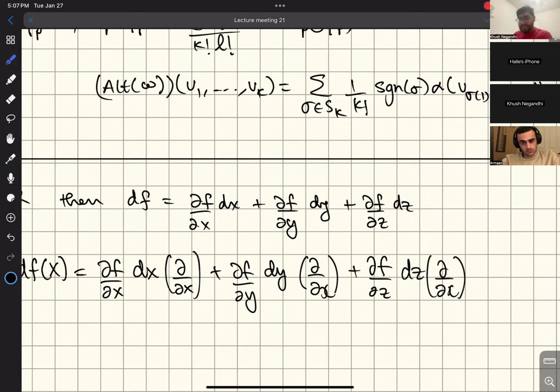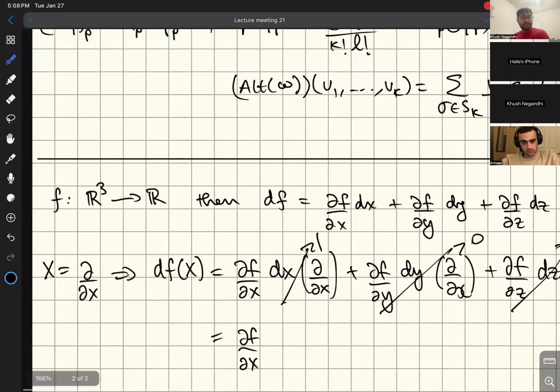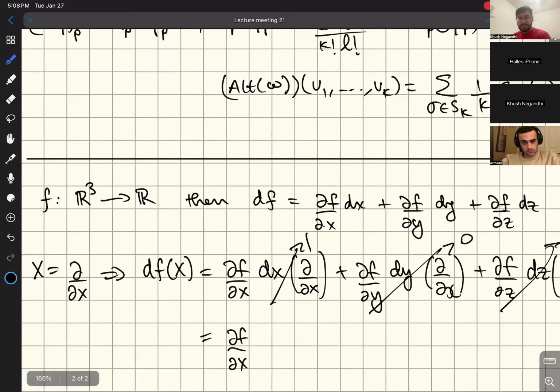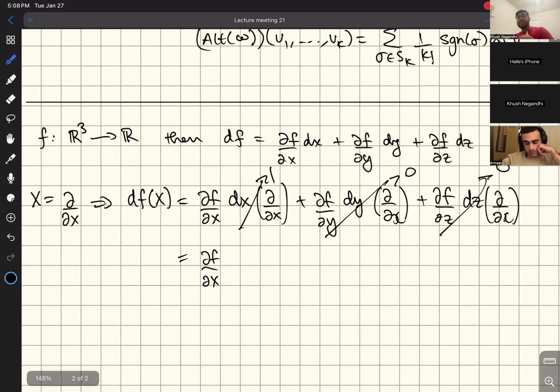But since dx, dy, dz were defined to be the duals of these guys, this term is zero, this term is zero, and this term is one. So all I'm left with is partial f partial x, which is exactly what I was hoping to get. So the differential of a function can be thought of as a differential one form, and all it is is the Jacobian of the function, written in form language.